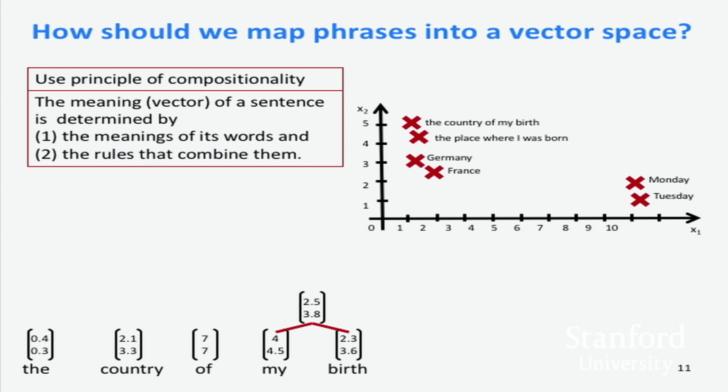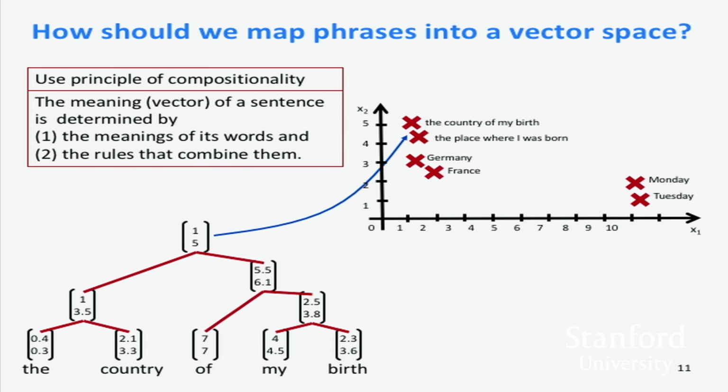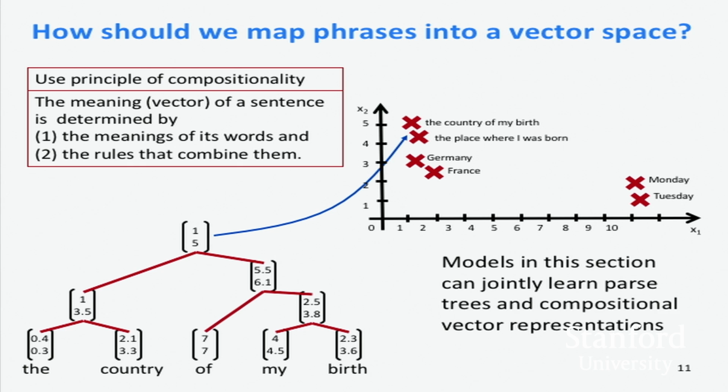So what we'd like to do is put together my birth as two words and have a meaning for that phrase, a meaning for the phrase country, and keep on calculating up and get some meaning for the whole phrase, which we could then represent in the vector space. Okay, so if we build models of this type, we can potentially hope to do two things.